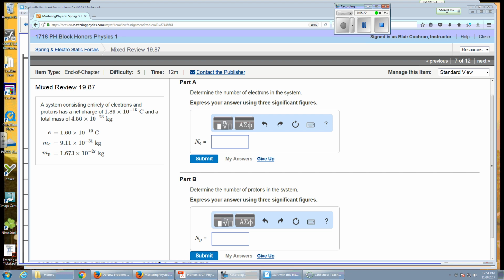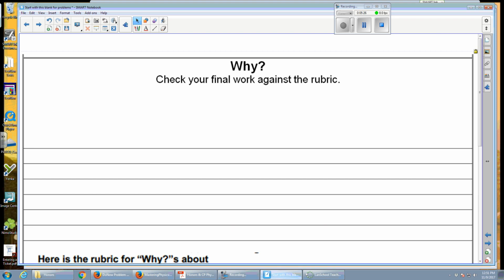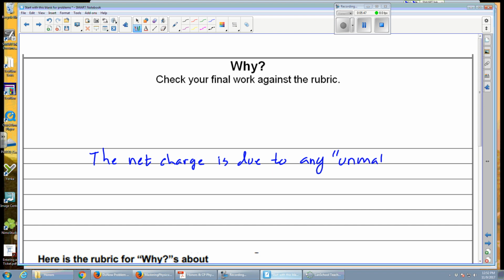So, I would probably start off with something like the net charge is due to any unmatched charges.